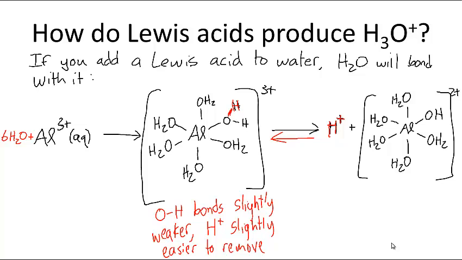Some other relatively small, relatively high charge concentration ions like iron 3+ are also somewhat acidic for the same reason. But this is also why group 1 ions like sodium+ or potassium+, with just a +1 charge, don't really have this property, because the charge is not as concentrated.